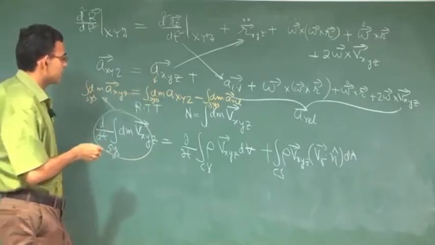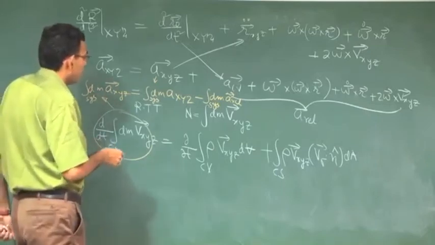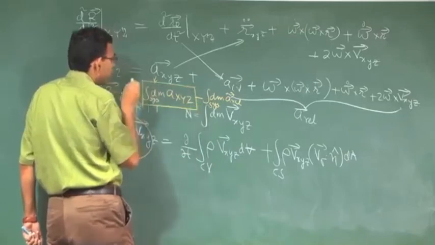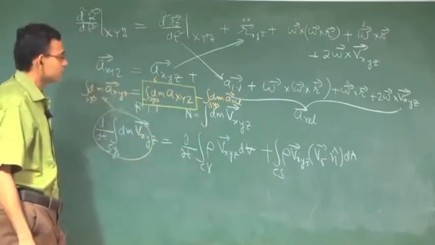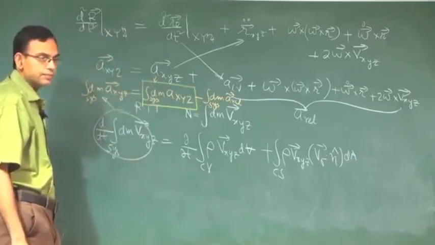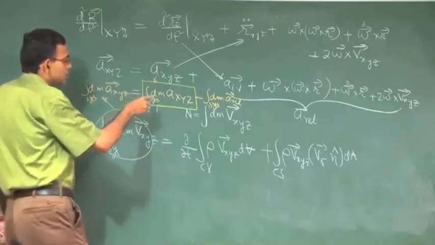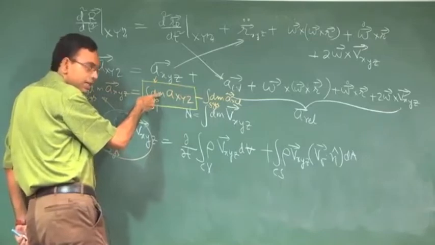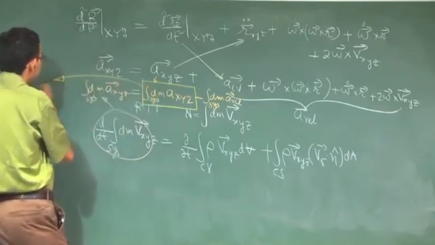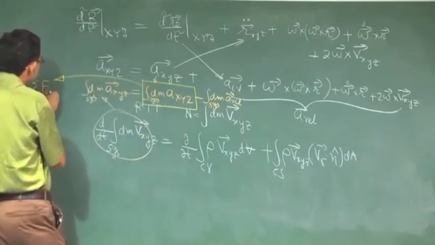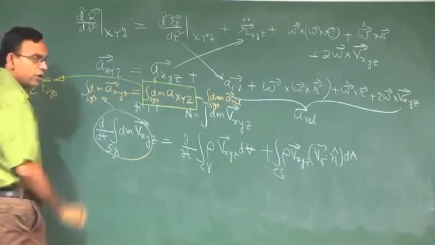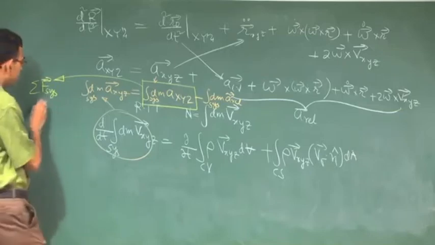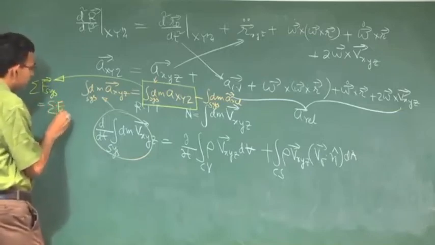So this, now what is this? This is the resultant force acting on the system. Because this is a control mass system, we can apply Newton's second law directly. So this becomes resultant force on the system. As the Reynolds transport theorem was derived in the limit as delta t tends to 0, so this will be resultant force on the control volume.